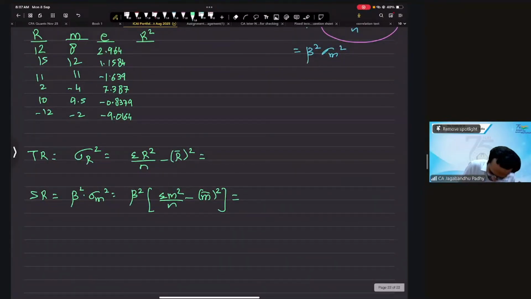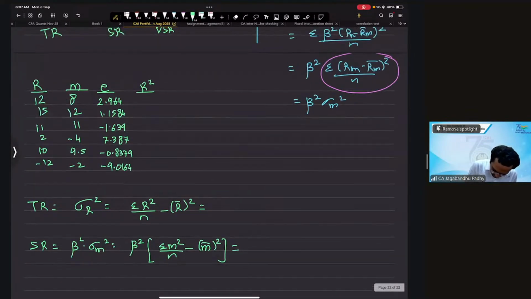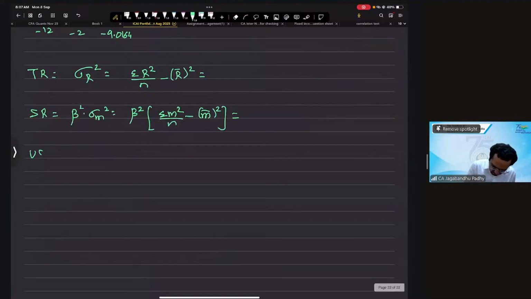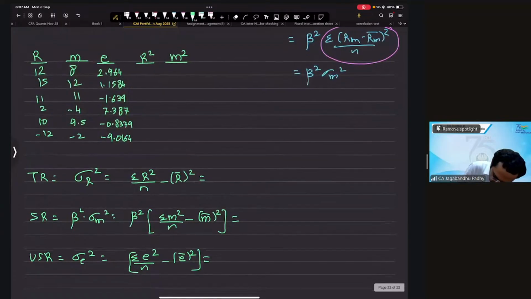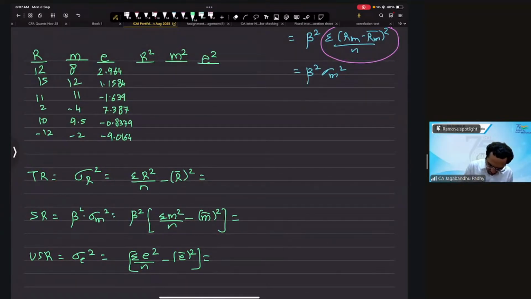So we need market return square. Unsystematic risk is variance of error term, which will be summation of error square upon n minus average of error. So we'll need to take the square of it.